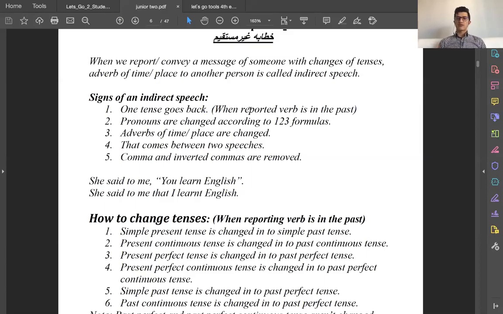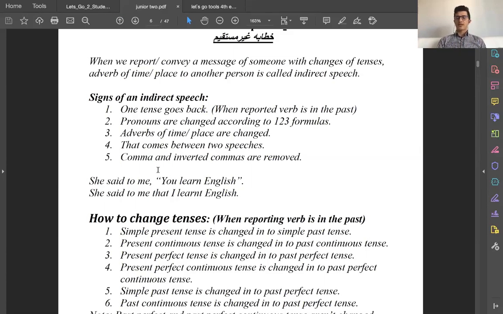And for future tenses, we just change the auxiliary verbs, like will into would, shall into should, and something like that. May is changed into might, and has to, have to, and must are changed to had to.